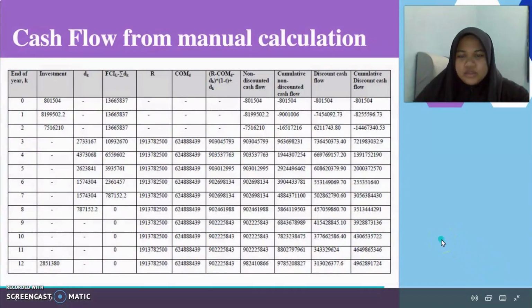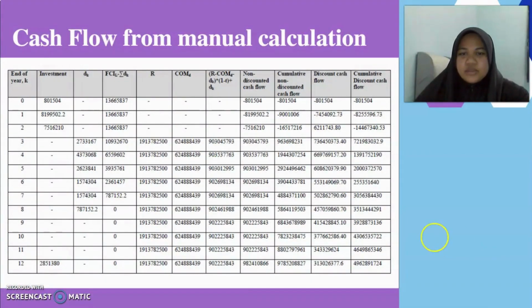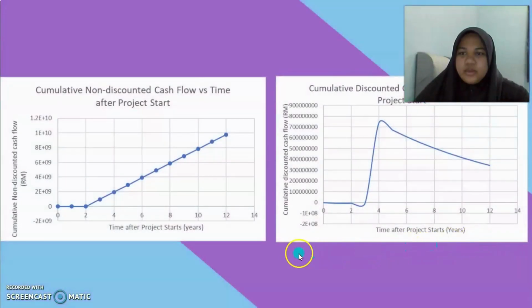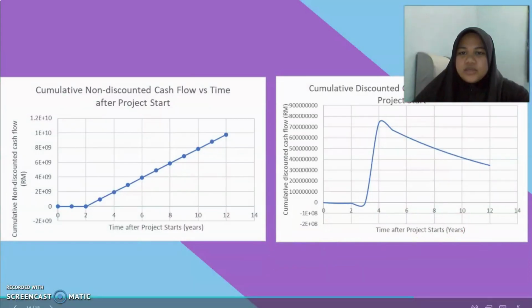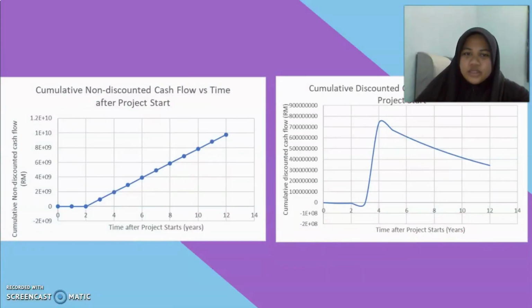After the calculation, the values for cumulative non-discounted cash flow and cumulative discounted cash flow were recorded in the table as shown below. After that, the graph for cumulative cash flow versus time after the project for non-discounted and discounted was plotted.